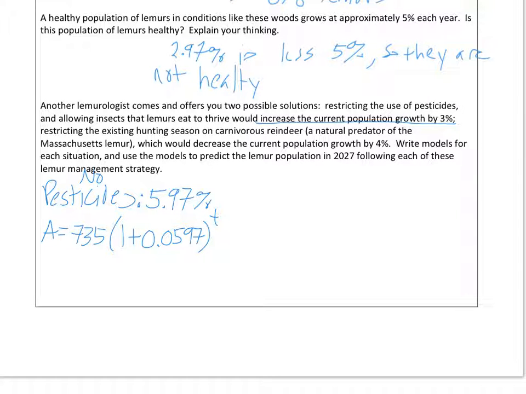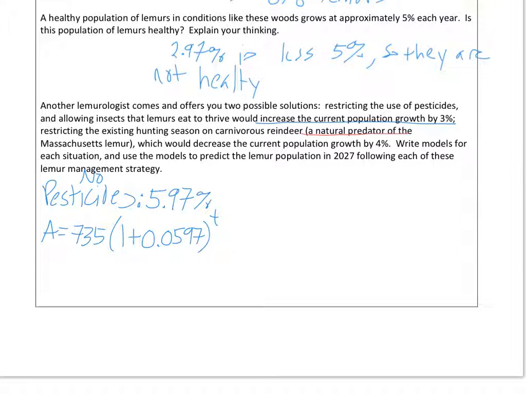And then the second option is that we restrict the existing hunting season on carnivorous reindeer. In other words, there would be more of these natural, totally real, not fictional predators of the Massachusetts lemur, also totally fictional, which would then decrease the population by 4%. So right now they're at 2.97%.